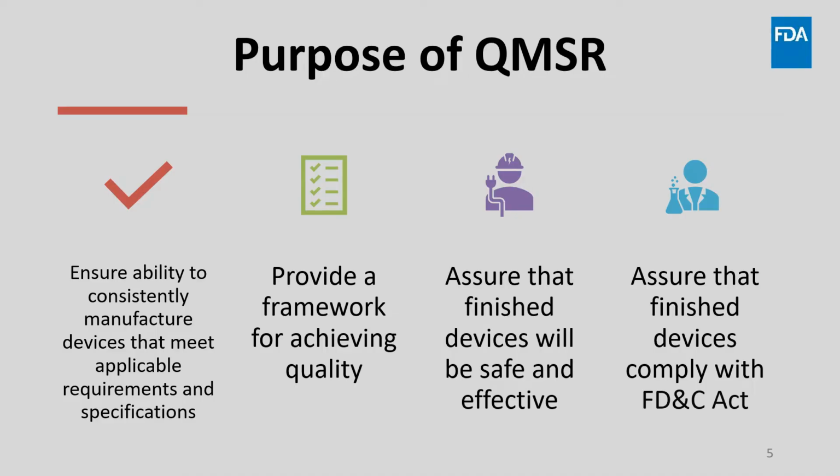Manufacturers are required to document and establish specific requirements based on the complexity and risk of the device and their establishment. The QMSR assures that finished devices will be safe and effective and comply with the Federal Food, Drug, and Cosmetic Act, or the FD&C Act.